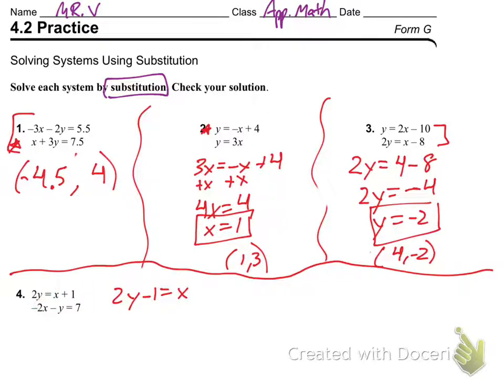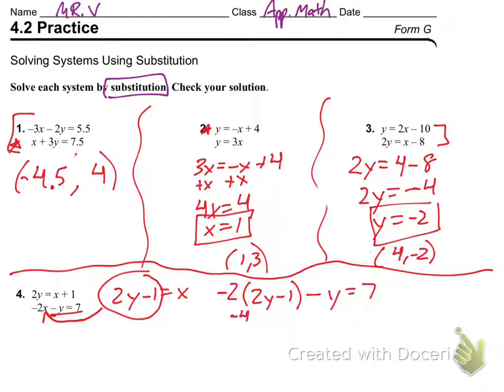So now I'm going to take this right here and plug it in right there. And what I'll get is negative 2 times (2y minus 1), and then I keep whatever's left, so minus y is equal to 7.